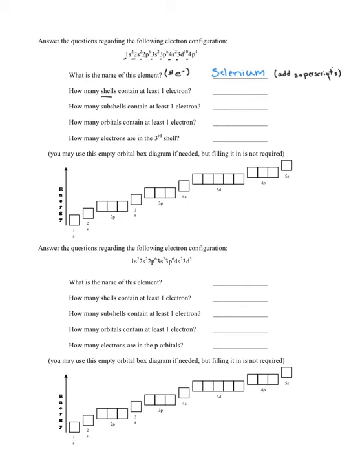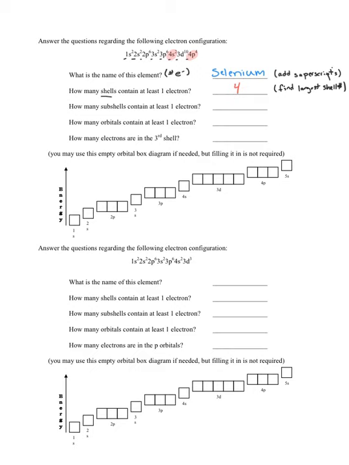So the 1s subshell is in the first shell, the 2s and the 2p are in the second shell, etc. To figure out how many shells you have, all you have to do is find your largest shell number. In this case, my largest shell number is 4. And so I can tell that I've got 4 shells that have electrons in them.